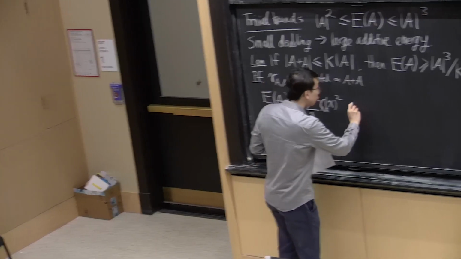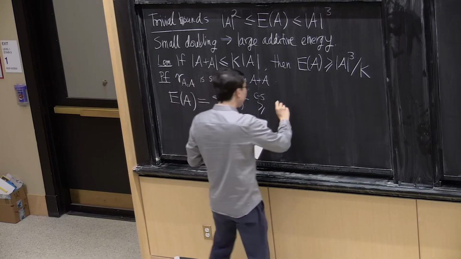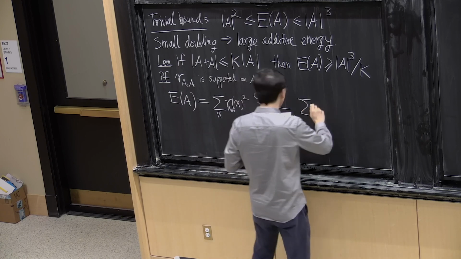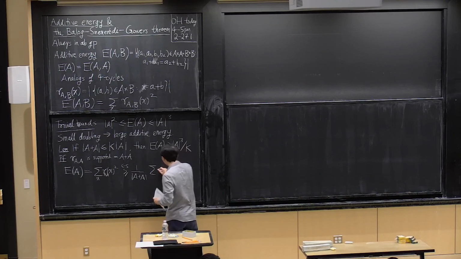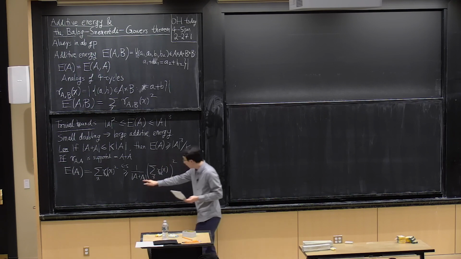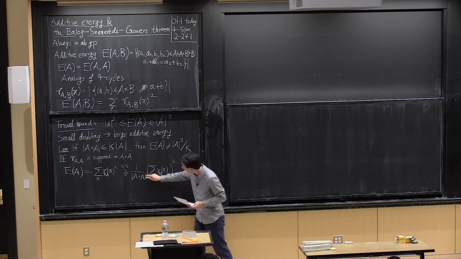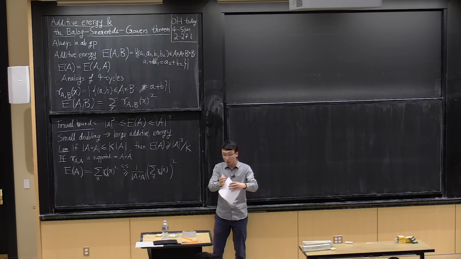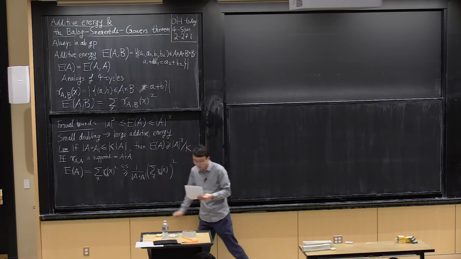And now by Cauchy-Schwarz, we find that you can replace the sum of the squared R's by the sum of the R's. But now the key point here is that we take out this factor coming from Cauchy-Schwarz, which is only the size of A plus A. So if the support size is small, we gain in this step.